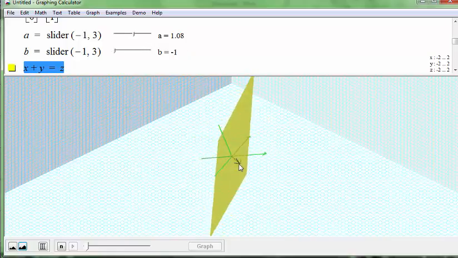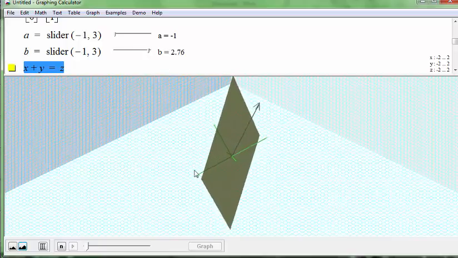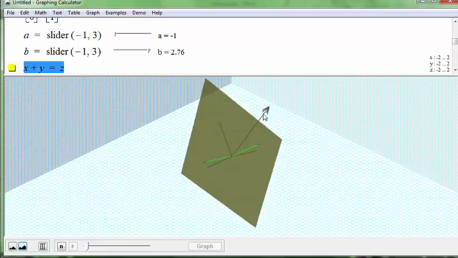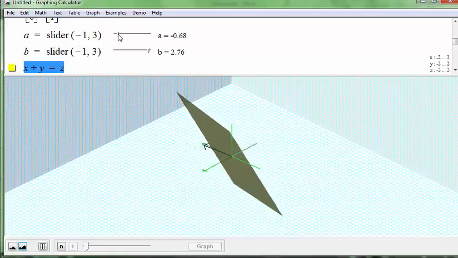So let's take a look at it from this angle where we can see if it jumps out of the plane, and here in fact it doesn't. It stays on the plane. Well, the plane goes infinitely forever, so you can imagine that that vector is still on the plane.